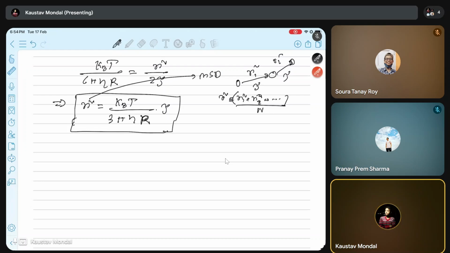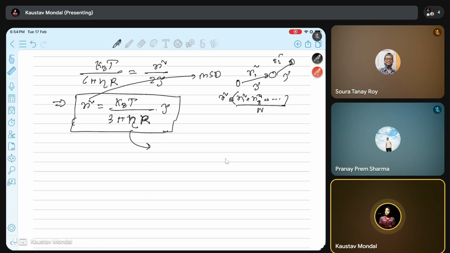And eta is the viscosity. Because of this eta, the particle faces the viscosity, so it gets a frictional motion. The energy of the particles dissipates because of the friction, or because of the viscosity eta.